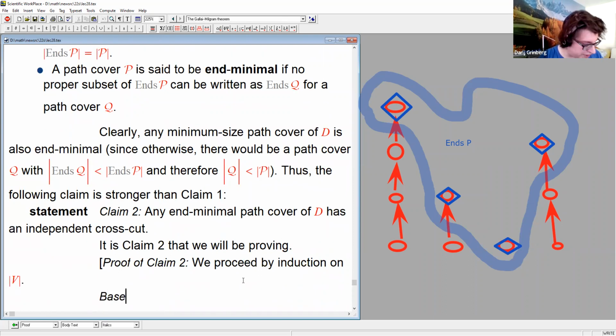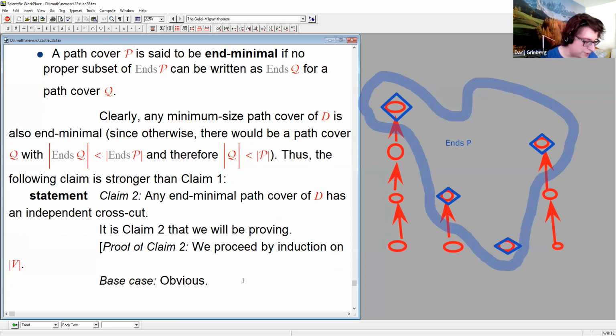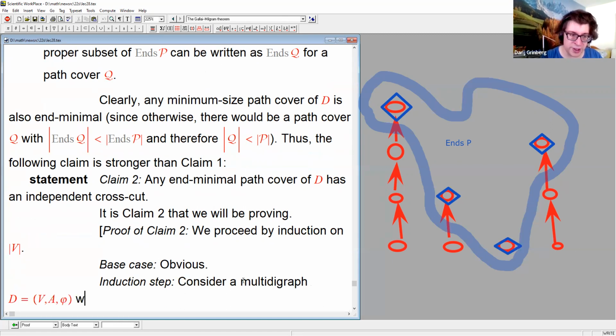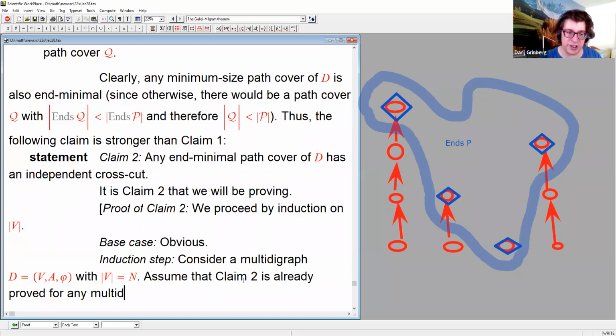Okay, the base case is obvious with 0 vertices. You have nothing to discuss. So what about the induction step? Consider a multi-digraph D equals VA phi with absolute value of V equals N, and assume that claim 2 is already proved for any multi-digraph with fewer than N vertices.